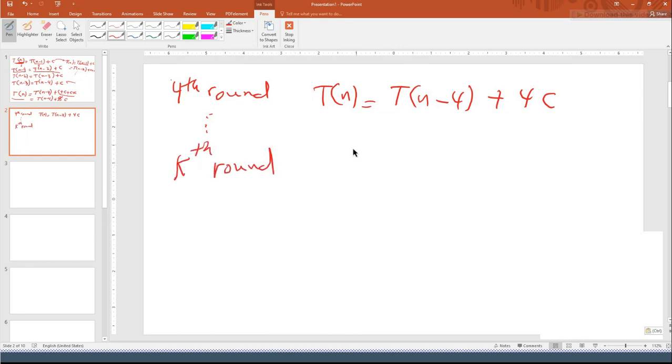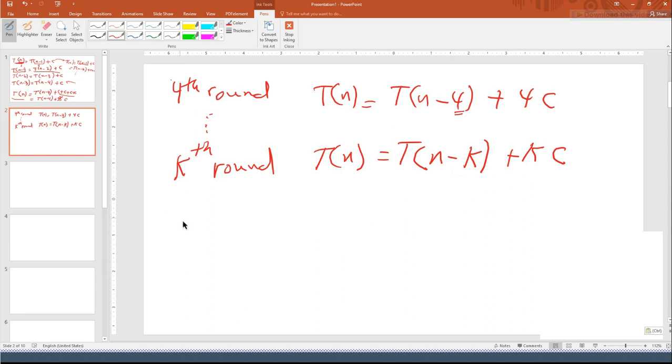Because you cannot continue forever, we can say that we have to repeat this process k times. So Tn at this time will equal Tn minus k, because we are replacing now the numbers here by k, plus kC.